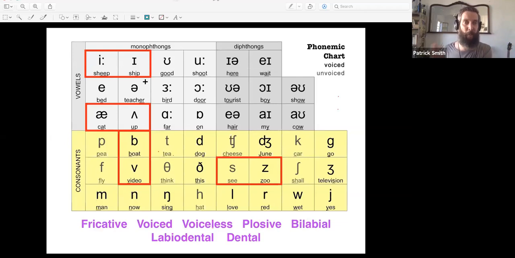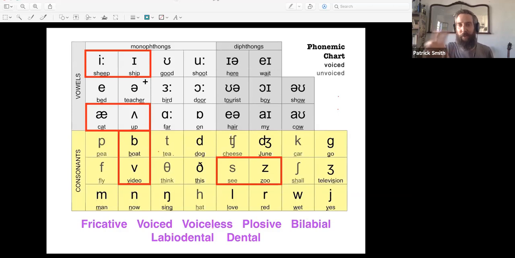Then continuing from left to right, we've got good, which is an u. The underlined part of each example word is the part that contains that phoneme. So in the word good, if we isolate the vowel, we've got u, good. As opposed to the next one, which is shoot, like to shoot, and that's a longer one. It's an oo. So instead of an u, it's oo, and it's longer. So good and shoot.